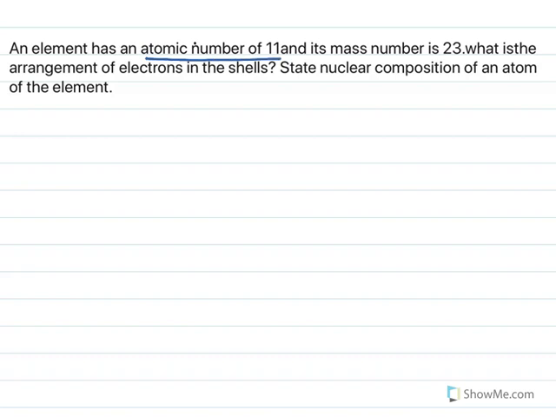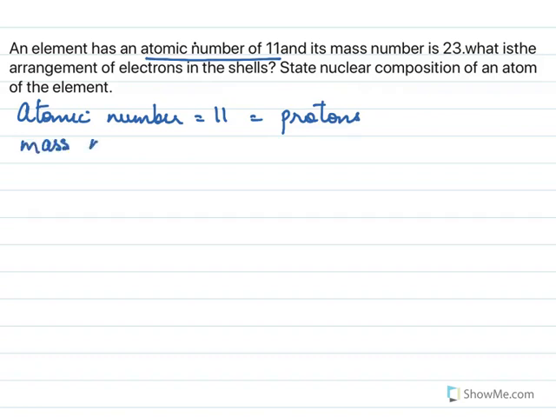An element has atomic number 11. Remember, atomic number is protons. Mass number 23 means protons plus neutrons.